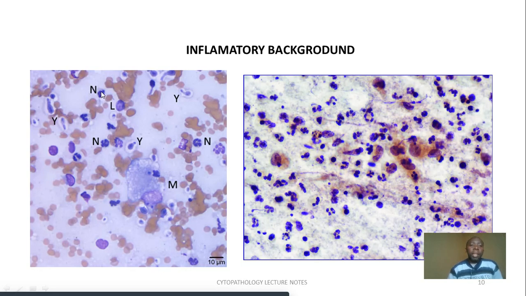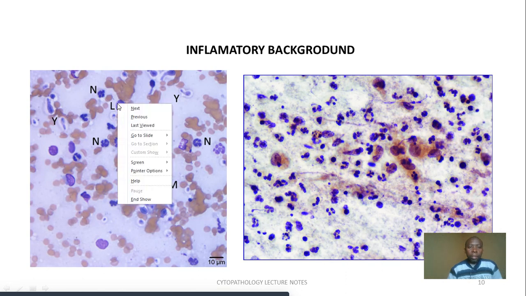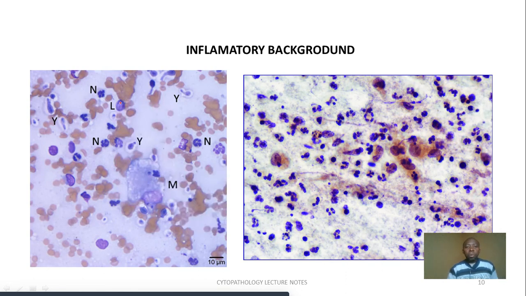These are neutrophils, and here we can see the lymphocytes also appearing. This is a neutrophil, and in here we can see this is a large lymphocyte. So in the background, what we are interested in is to identify what an inflammatory background is.